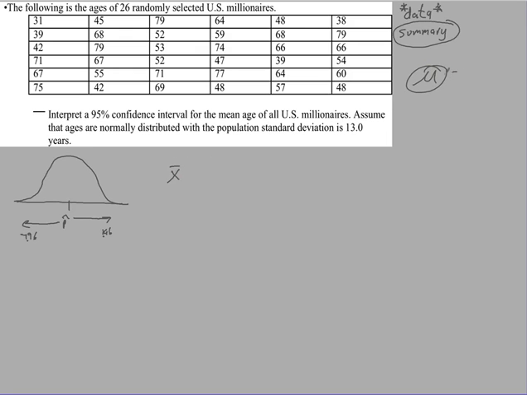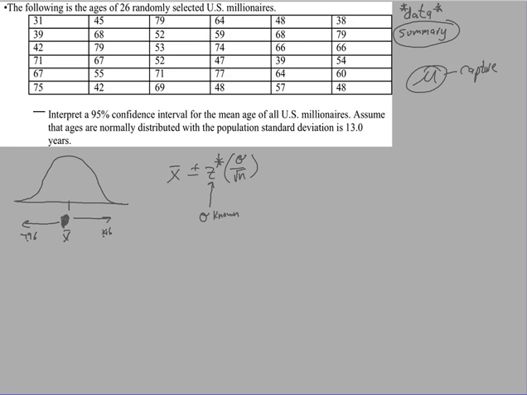I'm trying to capture this guy. So it's x bar plus or minus this z star. And the reason that I know this z star is because this is known. You have to know that concept. This sigma is known, so you're going to use a z. And if this is known, then I know that. So it's going to be that over the square root of n. Remember this thing right here? These aren't p hats, sorry. These are x bars. See this here? That's the standard deviation. That's how much they vary back and forth.